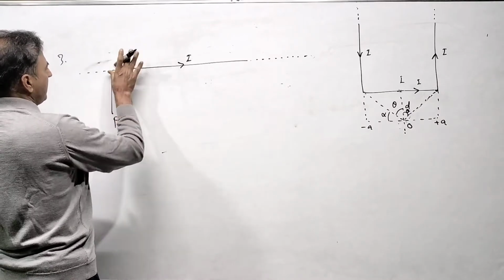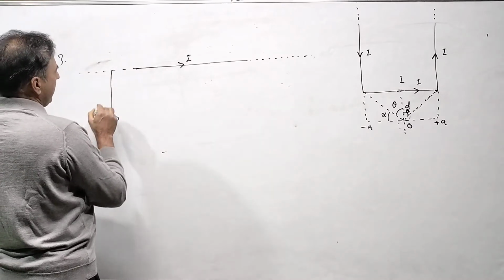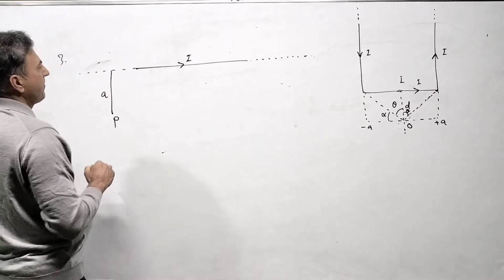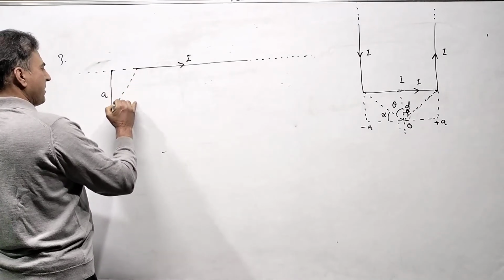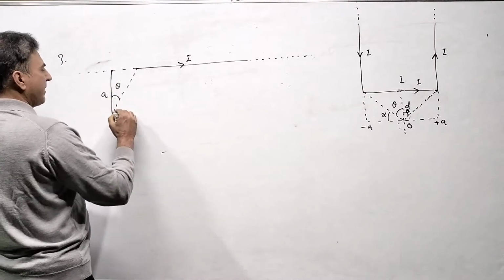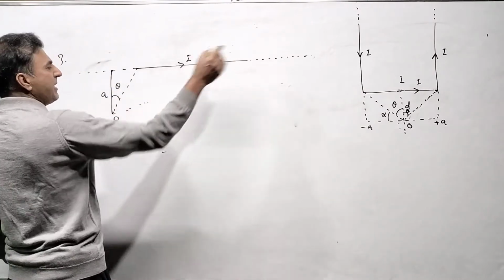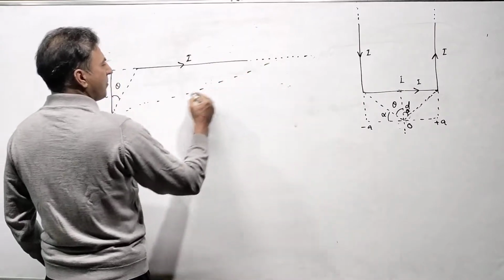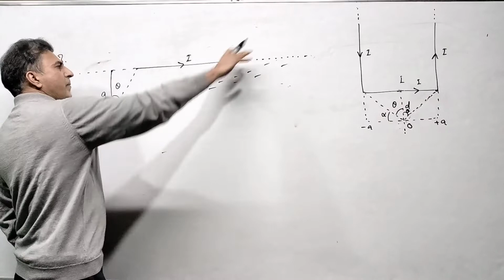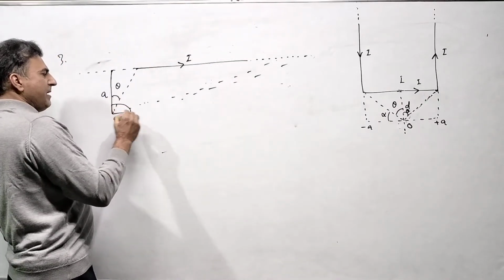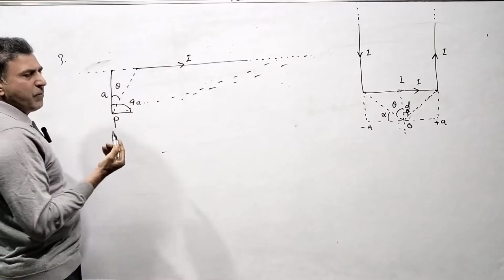Suppose this is A, again A. Connect this edge line. This is theta 1. Connect that edge line, but that edge line is far off. If that edge line is quite far off, this angle becomes 90 with that edge line. So what is the formula now?